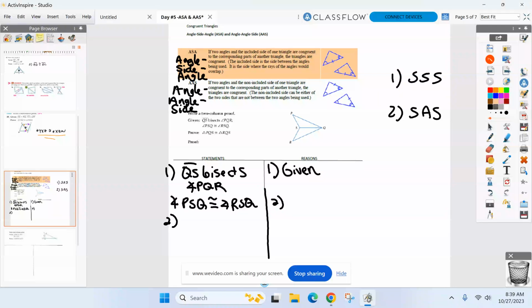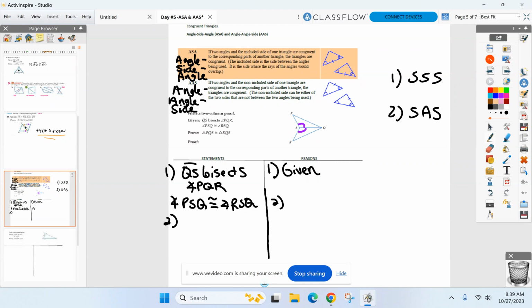Make sure you mark the correct angles congruent, PSQ and RSQ. All right, like I did with you yesterday, you can take my suggestion or not use it. That's fine with me, and I won't be offended.